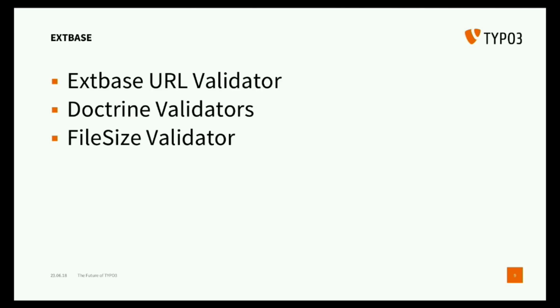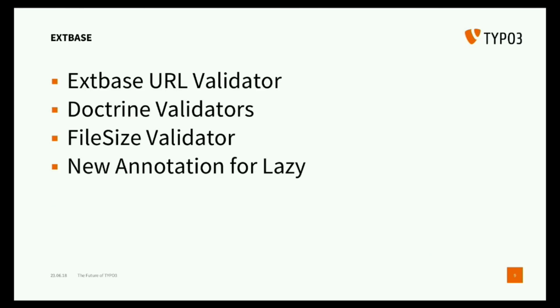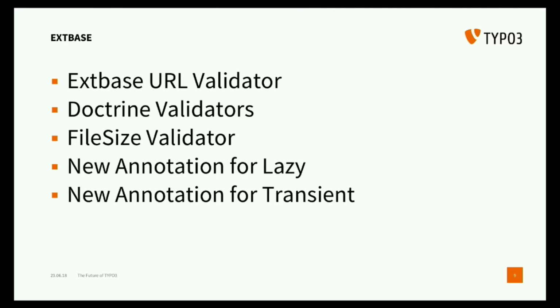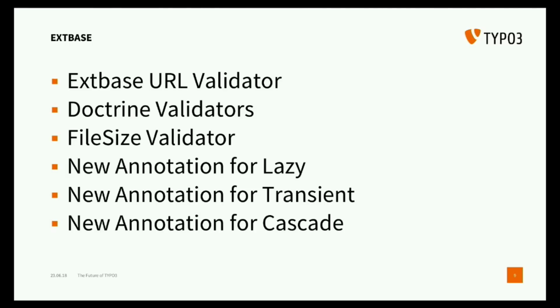And then we have a couple of new validators for file size, and we added new Doctrine-style annotations for lazy loading, for transients, and for cascading, which means that basically it behaves like your average Doctrine project, aka Symfony.